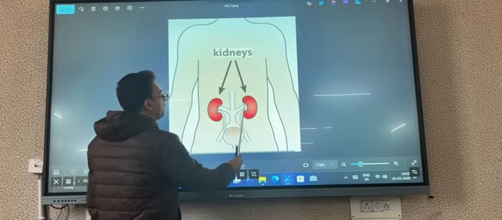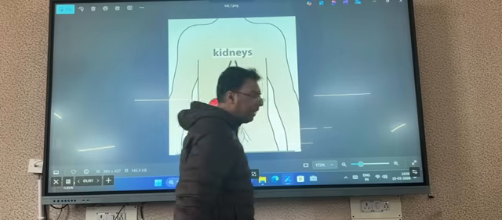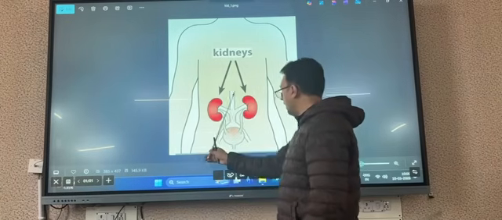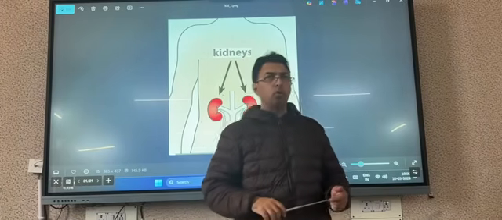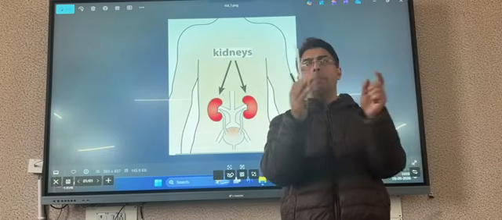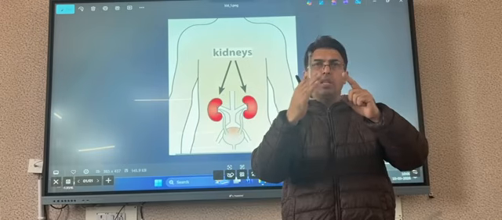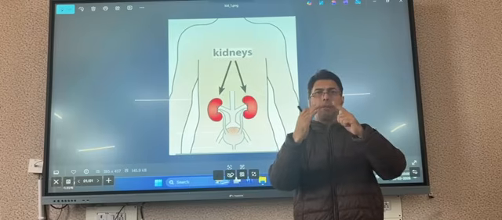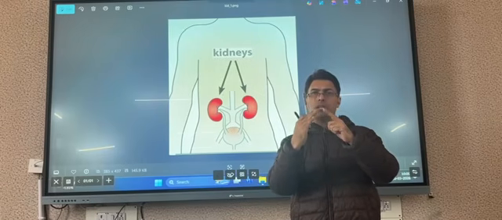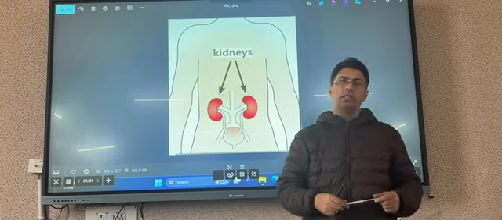That means they do not lie straight; they lie at an angle. So the upper poles of the kidney are nearer to the midline and the lower poles are far away. This is the normal position of the kidney. So the upper poles are nearer to the midline and the lower poles are away from each other. So that is another thing.